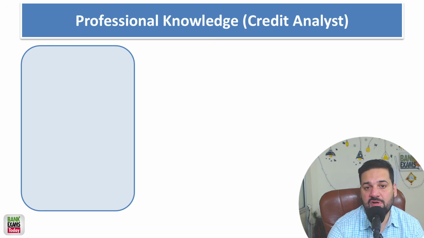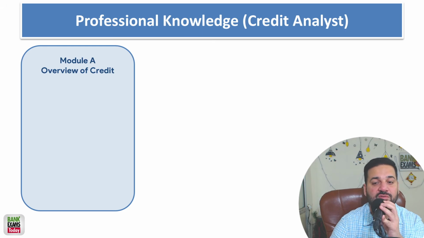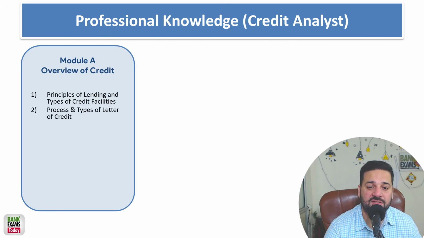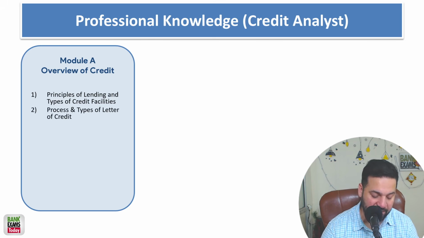For the professional knowledge, credit analyst, you should start your preparations with the overview of credit. Start with the principles of lending and types of credit facilities, process and types of letter of credit. All the topics that I'm going to discuss, we follow RBI guidelines to teach, right?